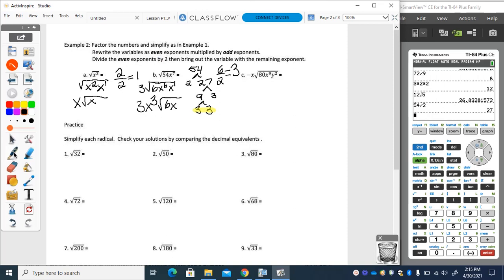All right, and now let's check out the next one. Let's start by simplifying that 80. So 80, we know we have 2, off the top of my head, 8 and 10. What number is going to 8? 2 and 4. What number is going to 4? 2 and 2. Now let's check out 10. We have 2 and 5.